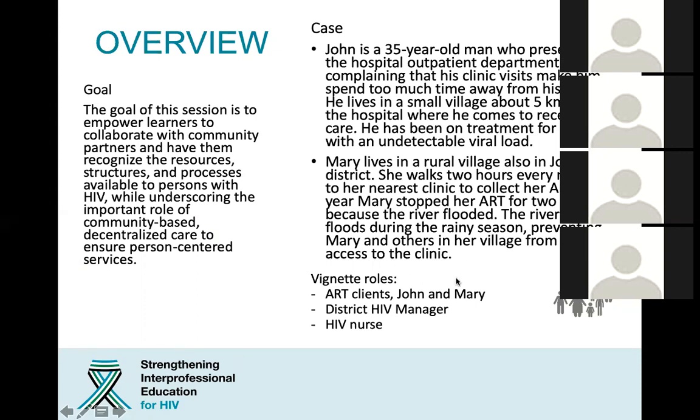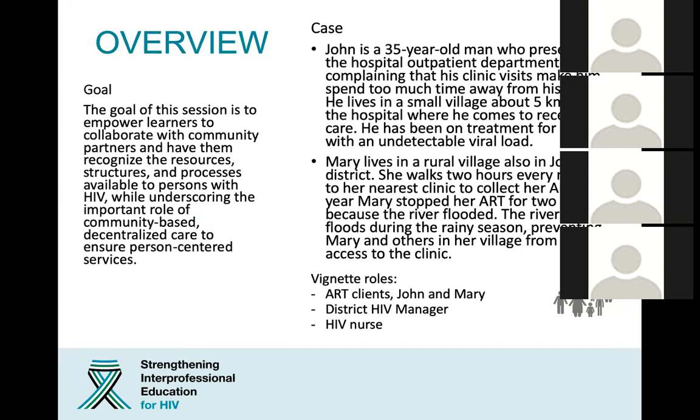And so we focus on the two stories in this case. The first is a gentleman, John. He's a 35-year-old gentleman who comes to his regular HIV outpatient appointment clinic, complaining that his clinic is too far away.